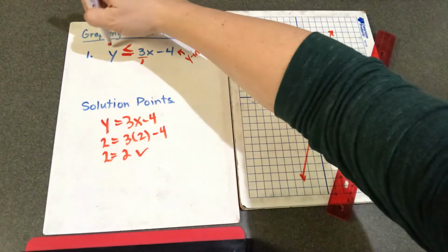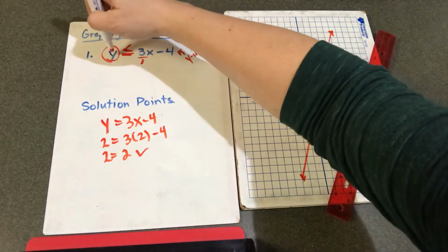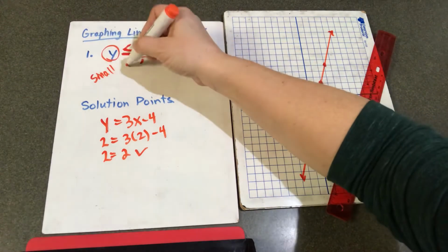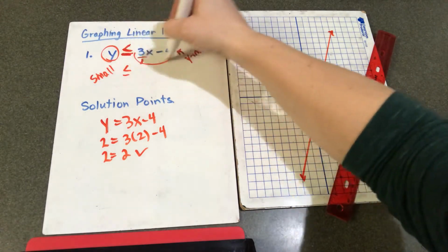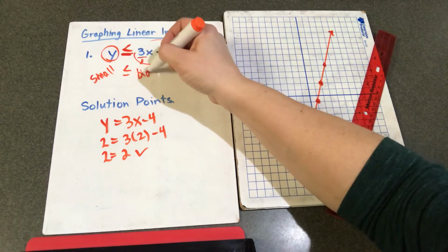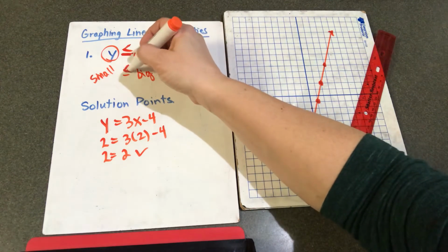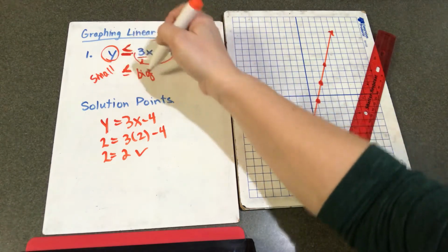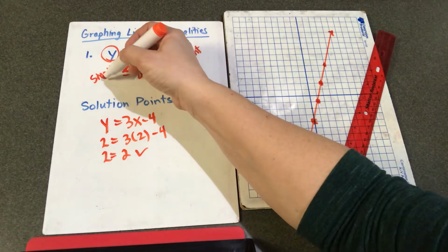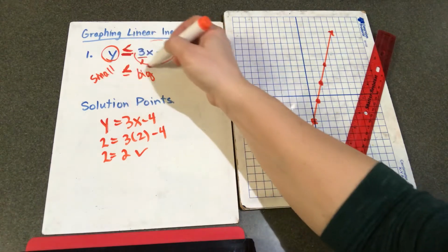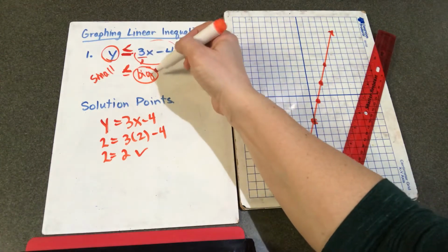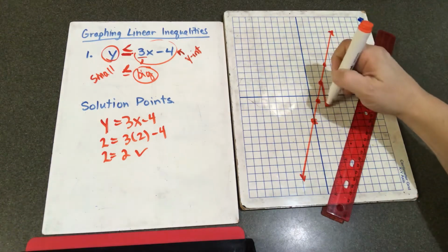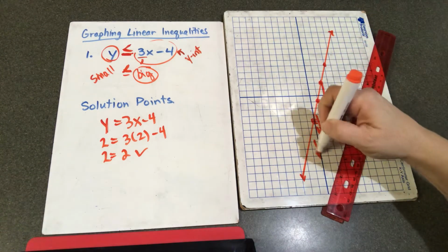Because if we're comparing this, remember y, if we're pointing to y, then y is small, and these values are big. So that means that if we're comparing these points of our function, the output has to be smaller than what we calculate on this side. So on our graph, that would mean all of the y values that are lower than the line. So we have to go down.